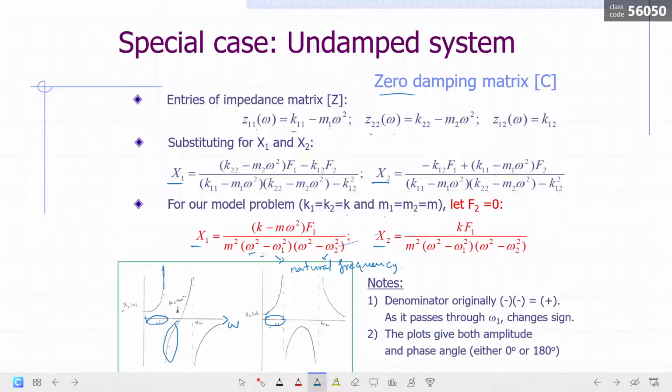Okay, this part and this part, H1 and H2 have the same phase, so phase angle 0. And this one with this one, H1 and H2 are in opposite phase, so 180 degrees, something like that.